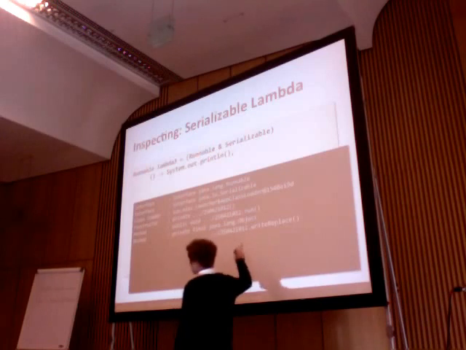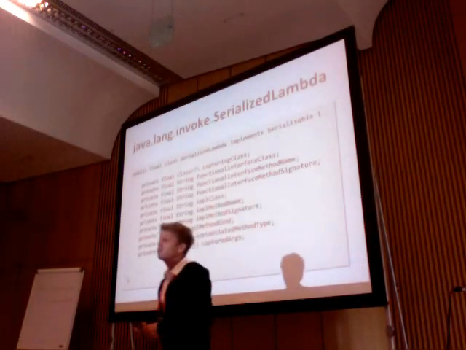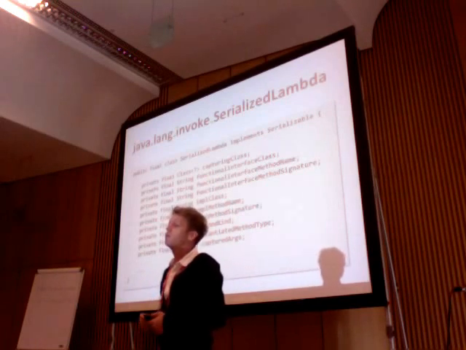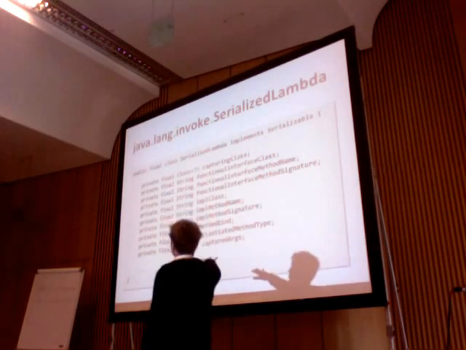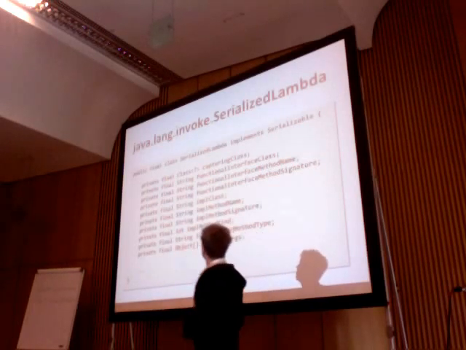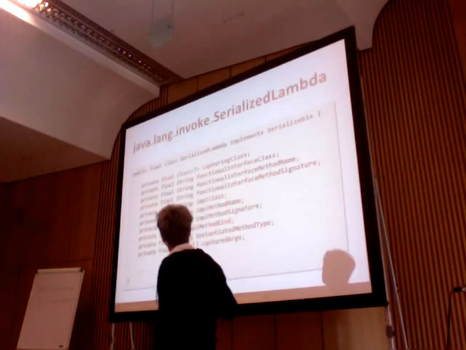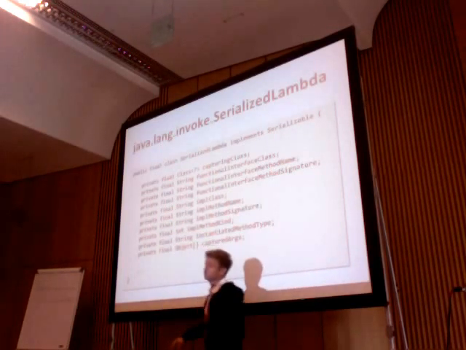That's why there's another API object which is called SerializedLambda. You find that in the invoke package. And this is basically a description of how to create a lambda. So it describes the interfaces, it describes the method name, it describes the signature, and it even, this is the point here, it has an array for the captured arguments.